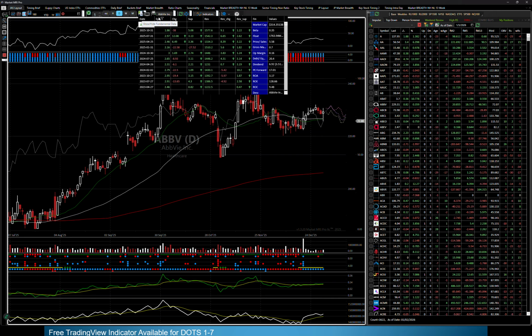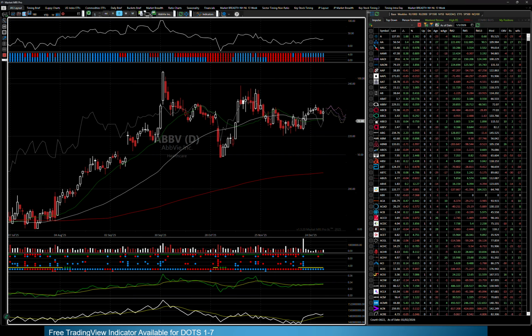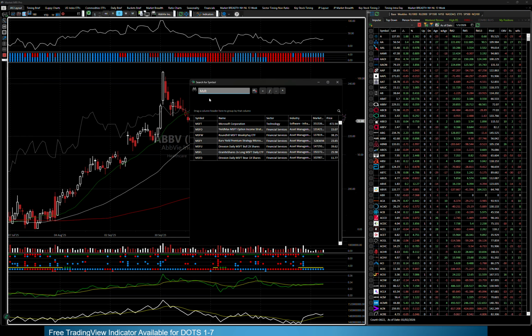When I drop down, close this, if I want to type in Microsoft, MSFT, it pulls up a list. Every stock in our data set is assigned a sector and an industry group. That's important when we get to the top down side.